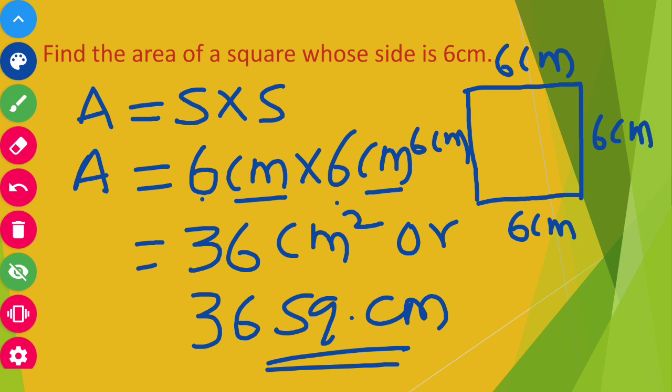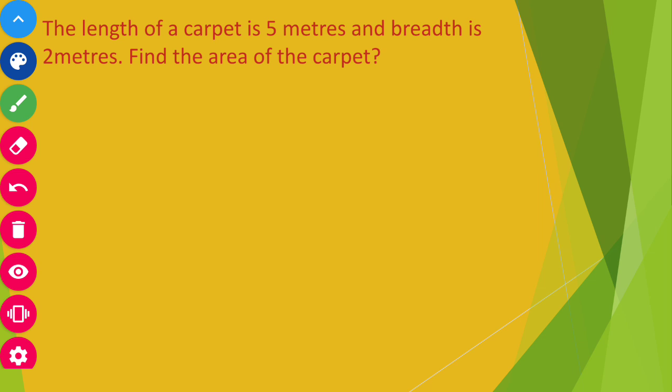Okay. Then one more example, which is in the worksheet problem. The length of a carpet is 5 meters and breadth is 2 meters. Here they are giving length and breadth. So which shape has length and breadth? Obviously it is a rectangle, isn't it?